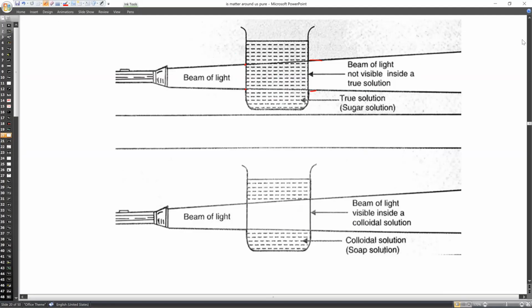Let me show you the colloidal solution so that you can understand in a much better way. Just a minute.